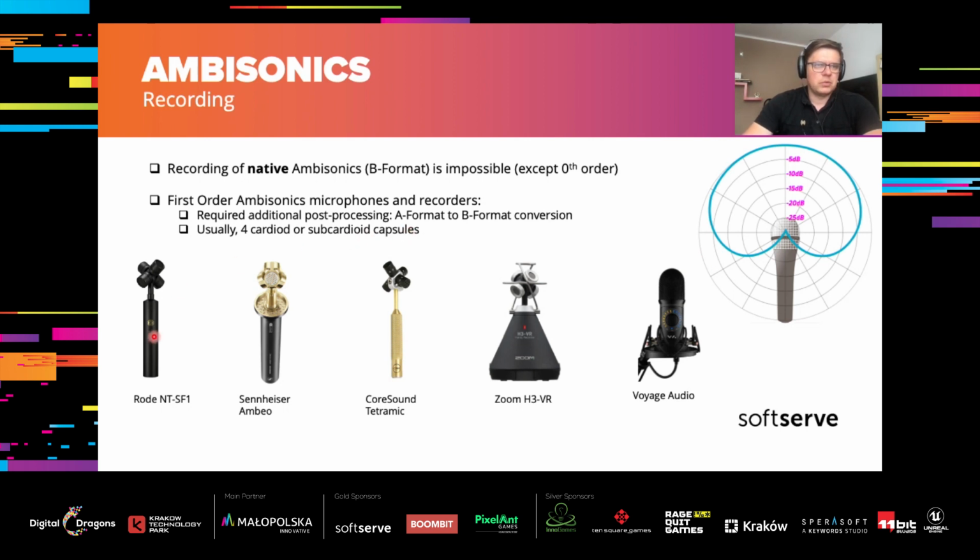Usually, first order ambisonics microphones consist of 4 cardioid or supercardioid capsules. Here is an example of a microphone with a cardioid directivity pattern.